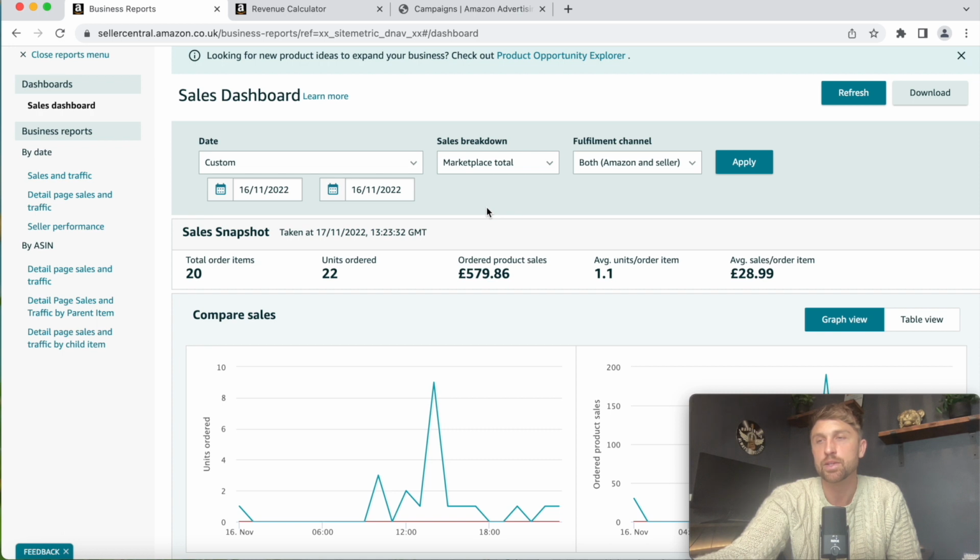£579.86 multiplied by 0.4 is £231.94 in profit. But that isn't the profit that I made that day, because I incurred advertising fees, and that's something that you should also expect when you launch a product on Amazon, and generally when you sell on Amazon.